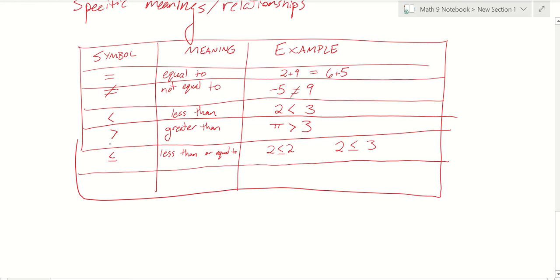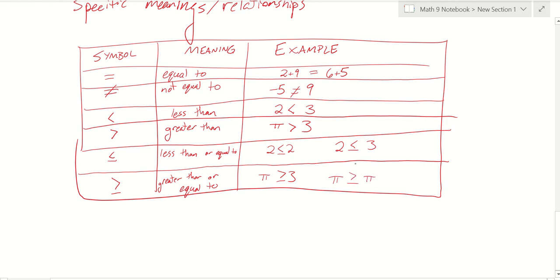We have a greater than sign right here, and we can also have a greater than or equal to. So greater than or equal to. And so what would be an example here? Well, we could say that pi is greater than or equal to 3. And we could also say that pi is greater than or equal to pi.